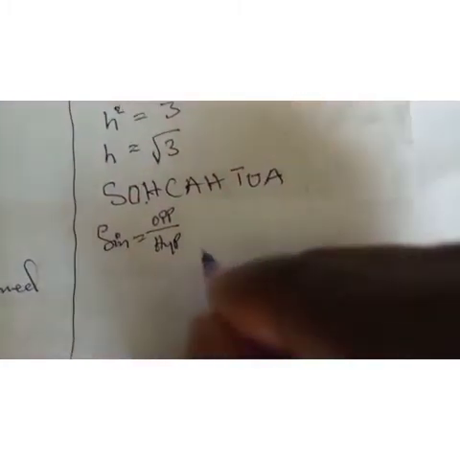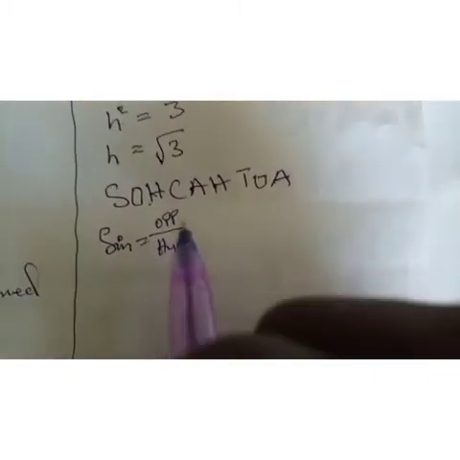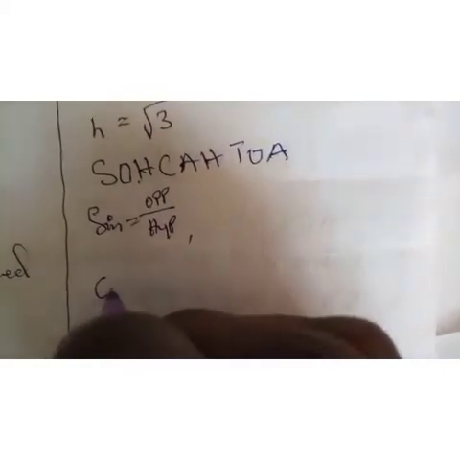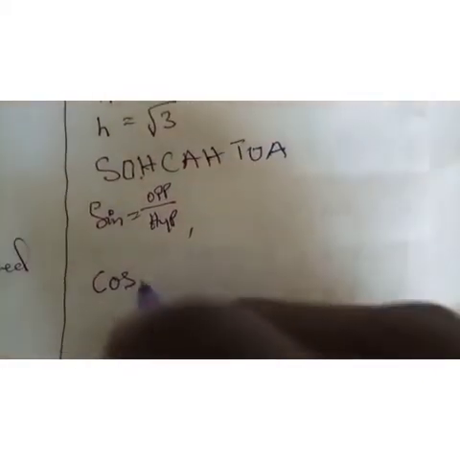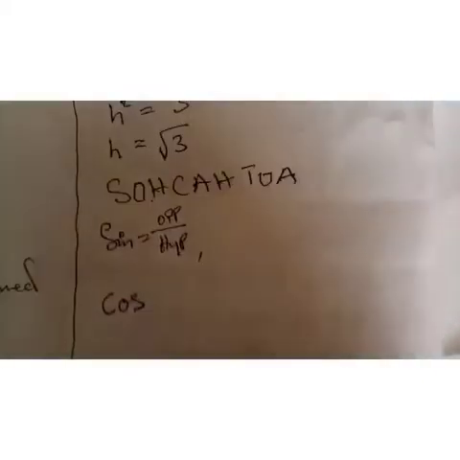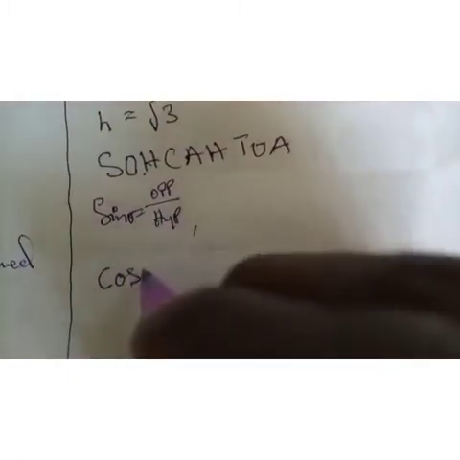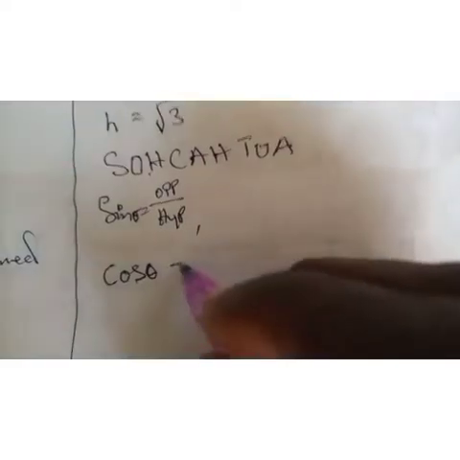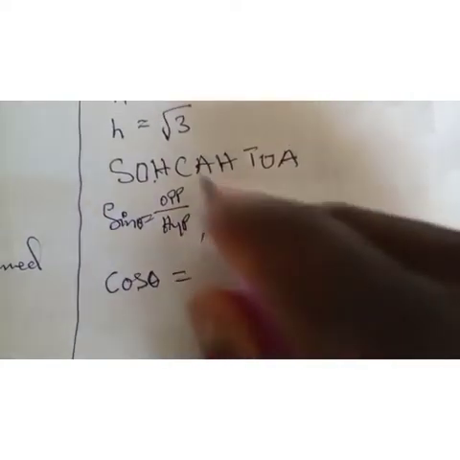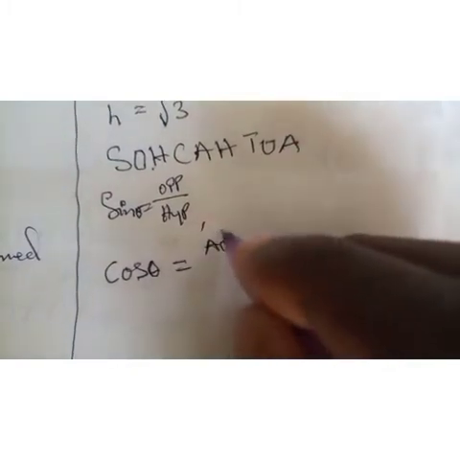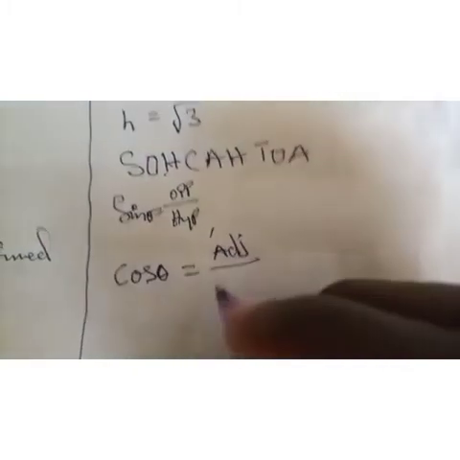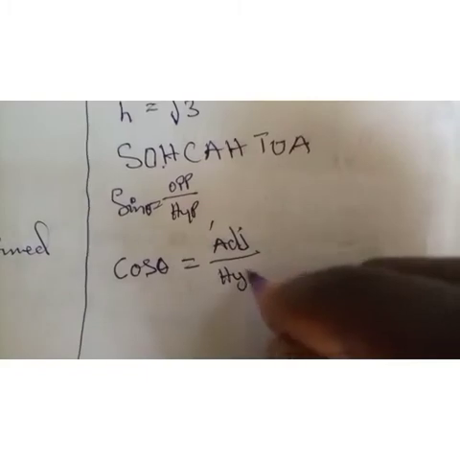And the C here is telling us cosine, which is written as cos. Let's use the angle to be theta. Then A is for adjacent and the H is for hypotenuse.